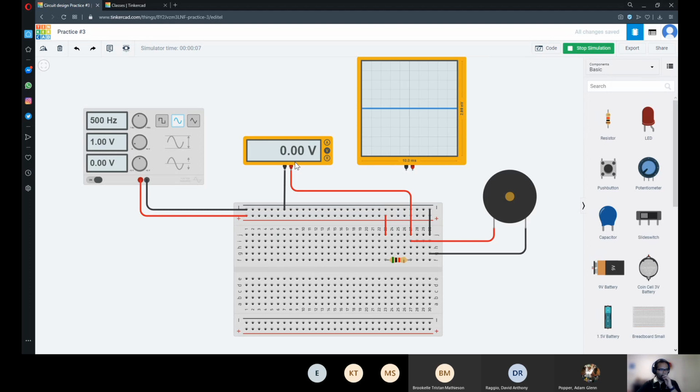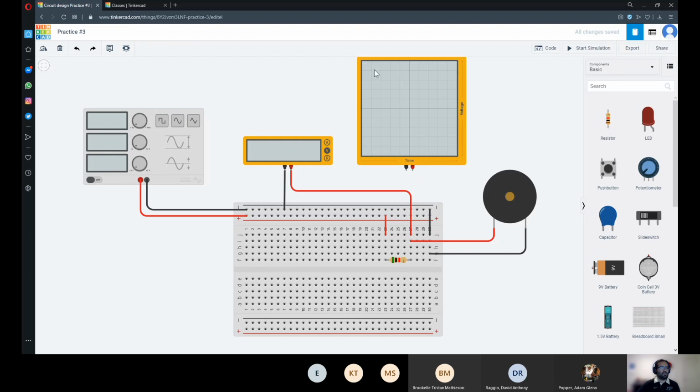Depending on the resolution of your multimeter, if you were to do this in the lab, you might see a number that fluctuates up and down. That's not very helpful because this signal is changing over time. So the multimeter is not really providing me any useful information.